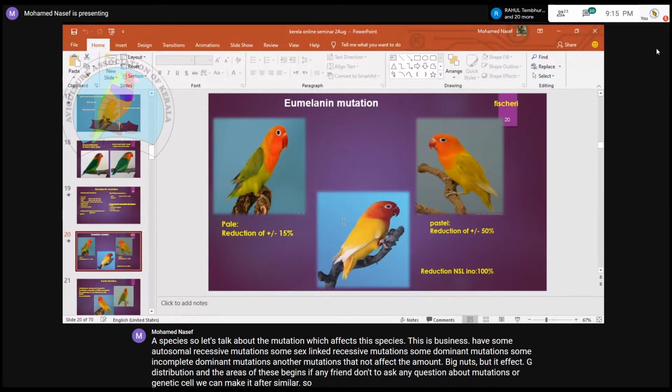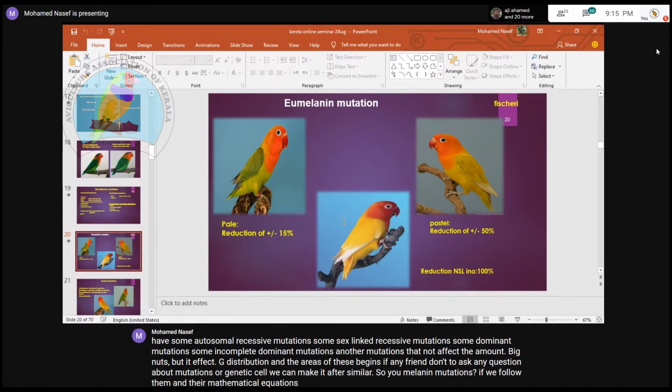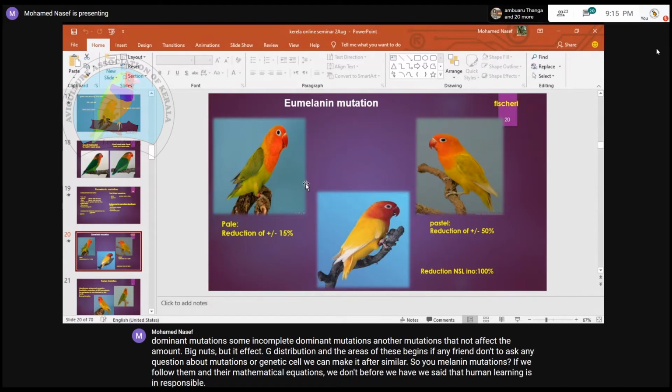So, eumelanin mutations. If we follow the mathematical equations we did before, we said that eumelanin is responsible for reflecting the blue, and the blue with the yellow creates green.